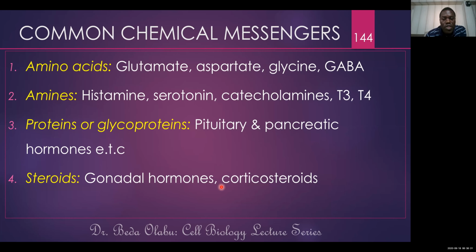We also have corticosteroids. Corticosteroids are steroids from the adrenal cortex. Such include things like cortisol, it's a hormone. Aldosterone is a hormone. We can keep to those two for now.